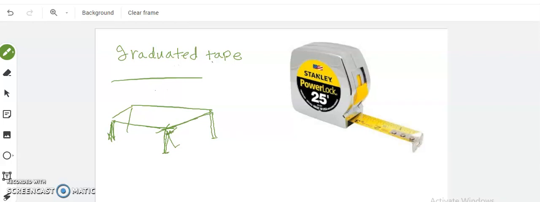So this one is used for measuring large lengths. Like what? The length of a table, a car, a classroom, a room.